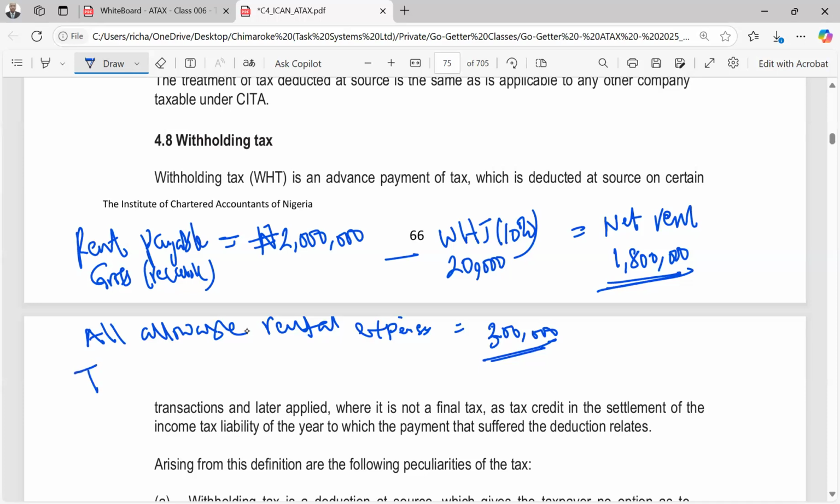That means your total profit will be 1.8 million that you receive. No, you won't say 1.8 million that you receive. Never. When you want to report your rent, you report it as gross. You will say 2 million, that is the gross, minus 300,000, which is allowable expense, giving you 1.7 million.